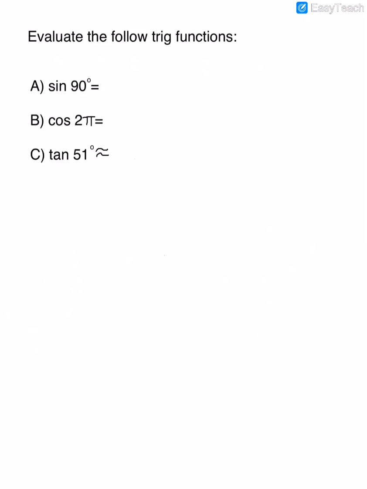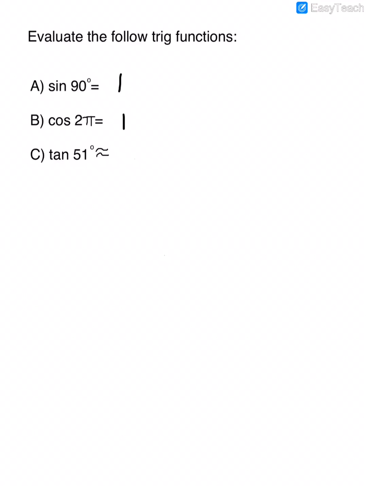To evaluate the following trig functions, we just need to find what the values of these trig functions are for these angles. The sine of 90 degrees is 1. The cosine of 2 pi is also 1.